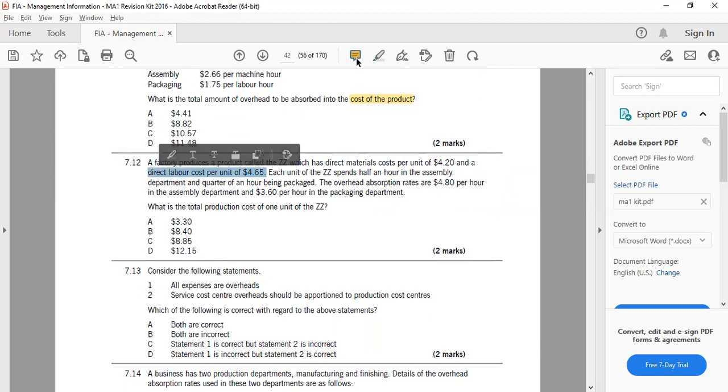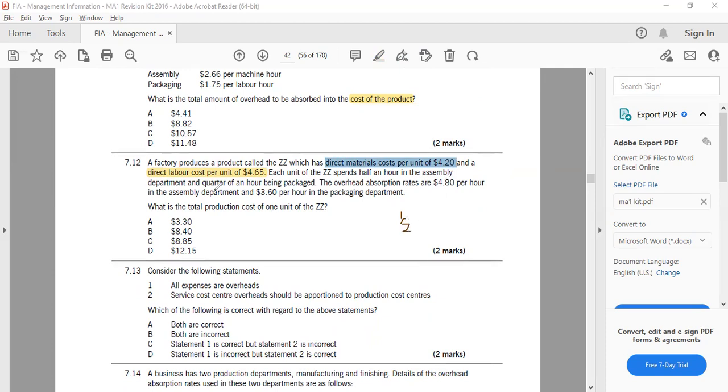Each unit of the ZZ spends half an hour in the assembly. Half an hour. Understand?